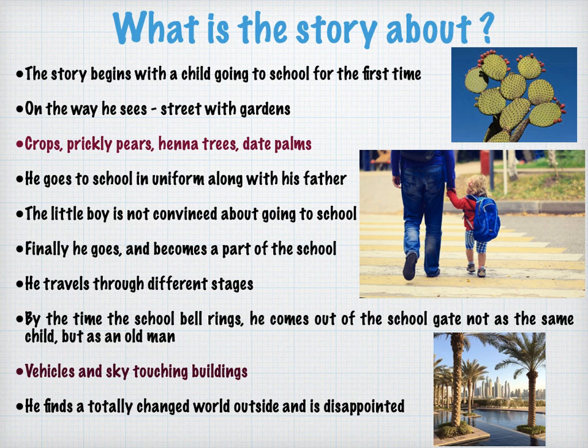Instead, he finds vehicles, traffic, a siren given out by a fire engine, sky-touching buildings, etc. Maybe this is because of modern development and technological advancement, and moreover, the child who goes to the school comes out in the evening not as a child but as an old man. So this is the crux of the story.